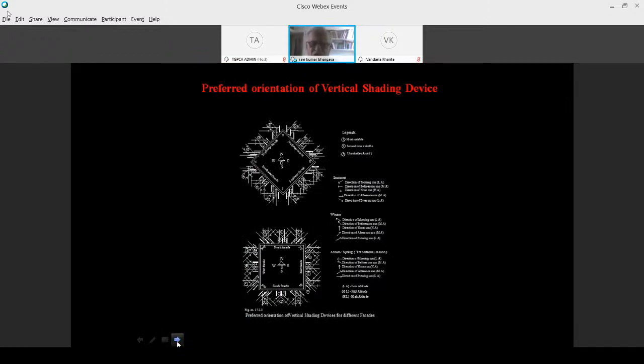Again, from the solar chart, see which side a particular facade will receive sun from, and orient your louvers differently on each facade, studying the position of the sun from the solar chart, and when it will be blocked and when it will be allowed to enter. Keeping in mind maximum blockage when the daytime temperature is maximum, you decide the orientation of your vertical shading devices or louvers. Okay, friend, this is very simple. The only thing is you should try.